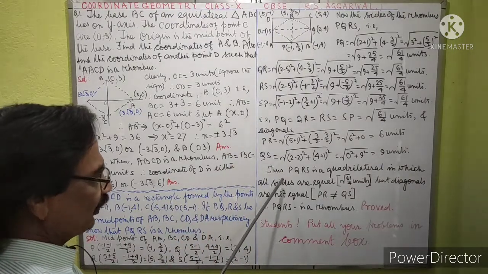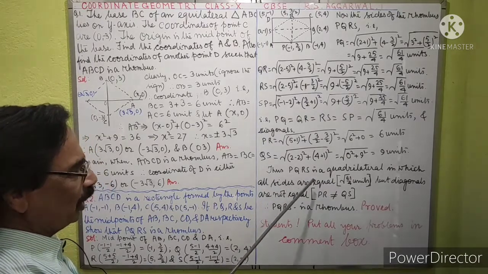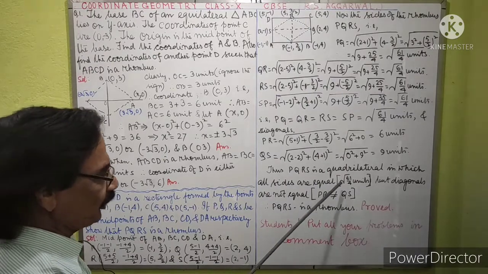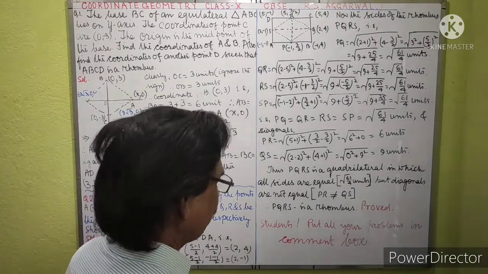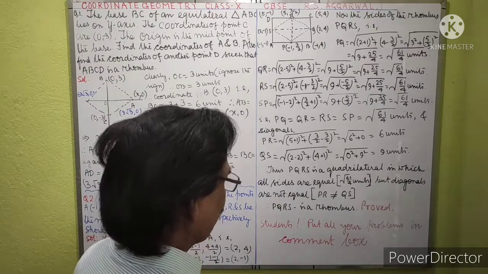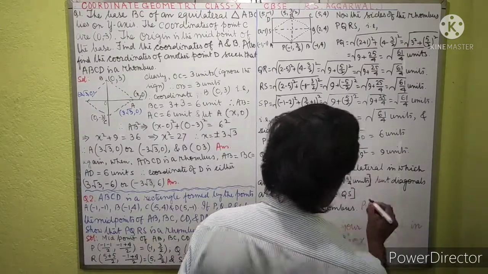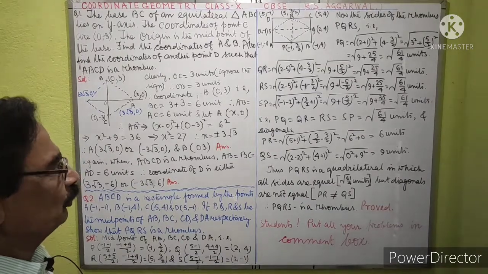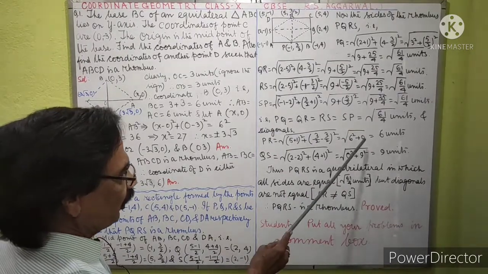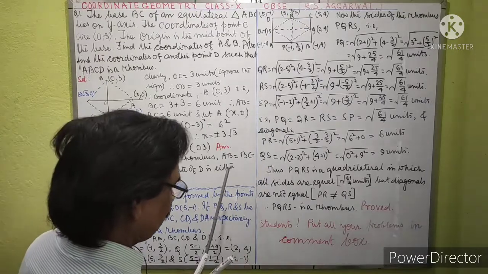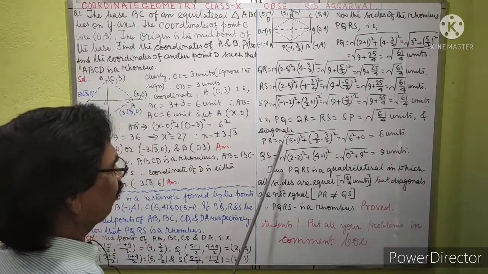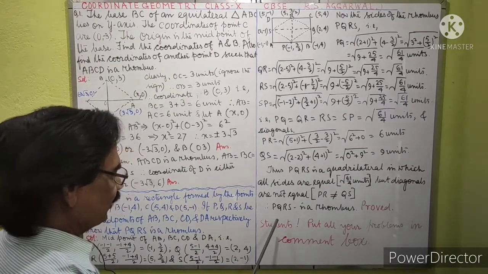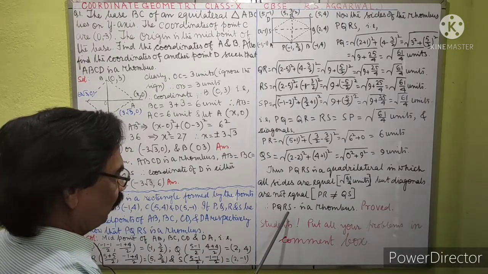So we can easily say that PQRS is a quadrilateral in which all sides are equal, that is root over 61 by 4 units, and the diagonals are not equal: PR equals 6 units and QS equals 9 units. So it is clear now that PQRS is a rhombus.